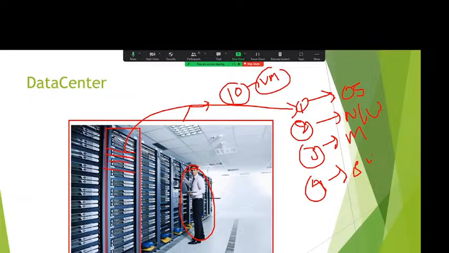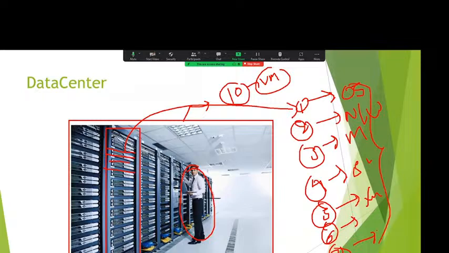Sixth step, we will enable network security rules, virtual network rules, etc. Finally, we will verify all these servers are built based on the checklist or not. Once built, these servers are handed over to the development team or project team, whatever we call it.